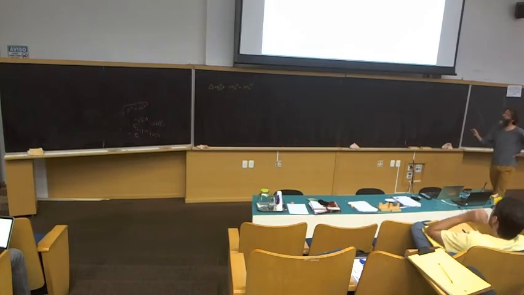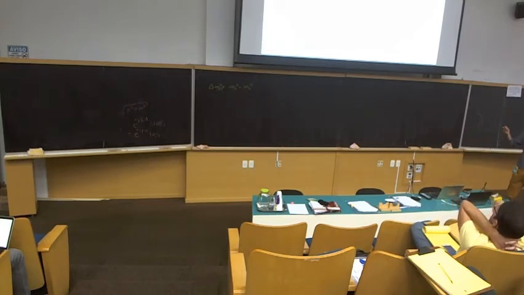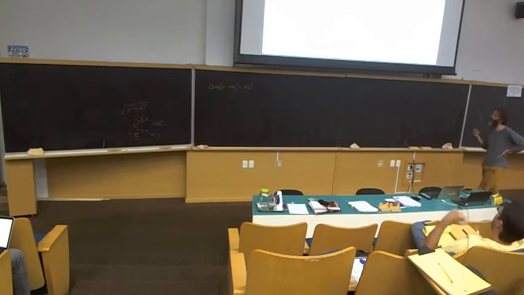And the parameters that explain the MiniBooNE and LSND results are delta m squared around 1 electron volt squared, and sine squared 2 theta around 10 to the minus 1.